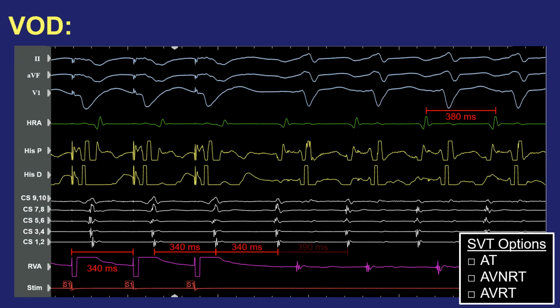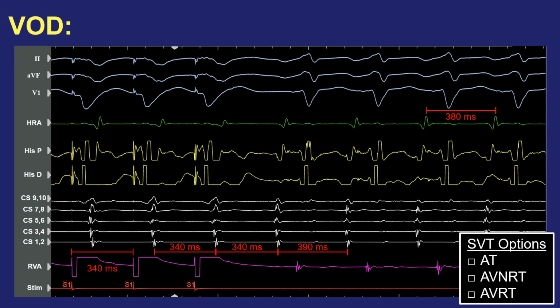If you made further measurements in the AA intervals, you would see that in fact there was one more interval that was accelerated to the pacing rate. This last paced ventricular event conducted not up to this atrial event, but to this atrial event. It's a very long VA time.